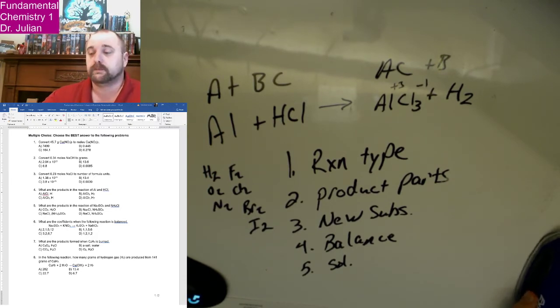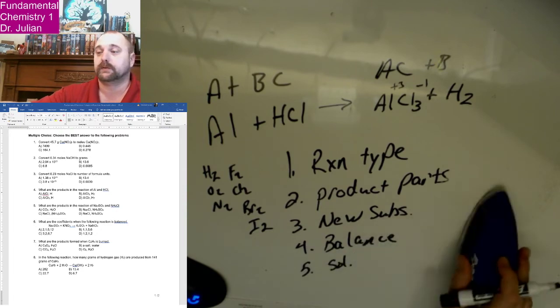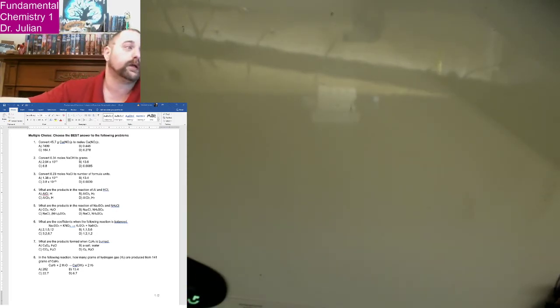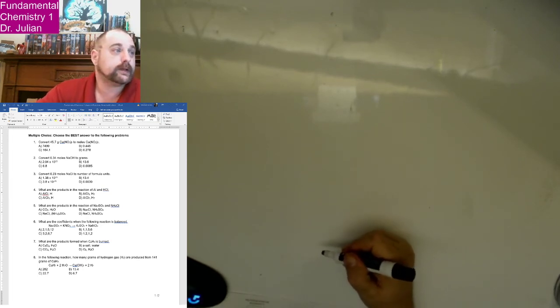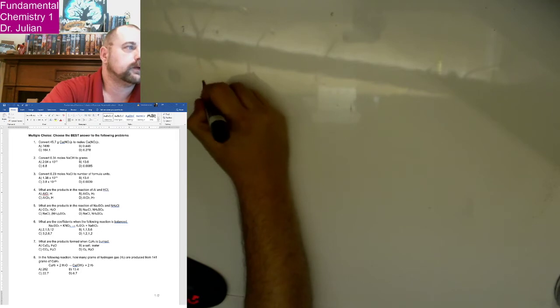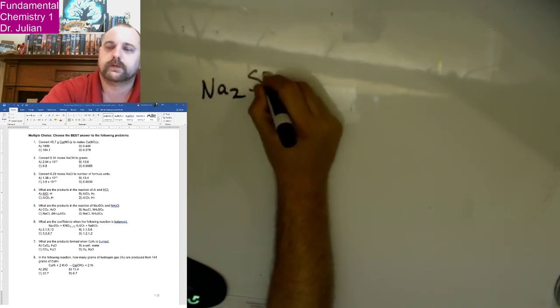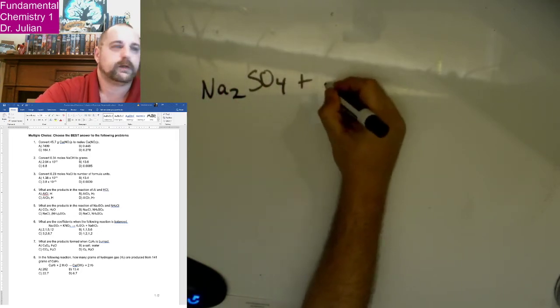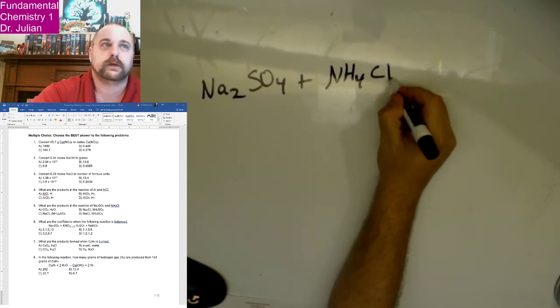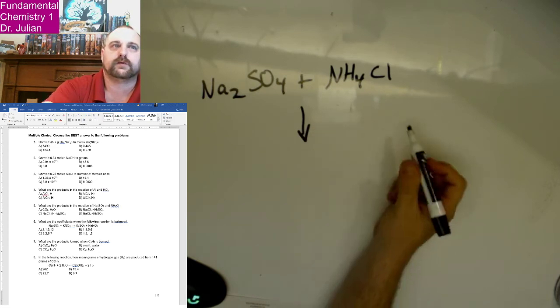So easy to miss. So I had to do a couple of key pieces of information. So you had a lot going on in that problem, but it's also right out of the lab. So no problem. Na2SO4 plus NH4Cl. All right, I'm gonna bring that down this way.